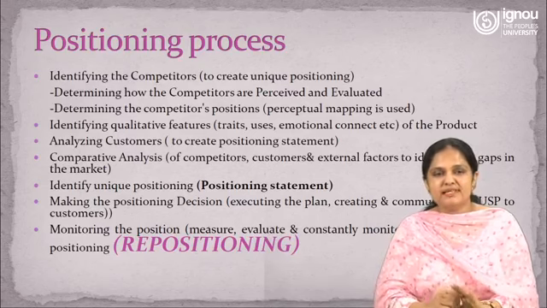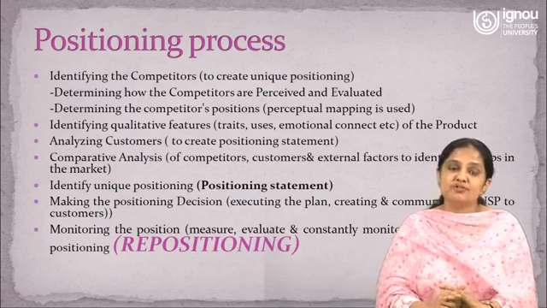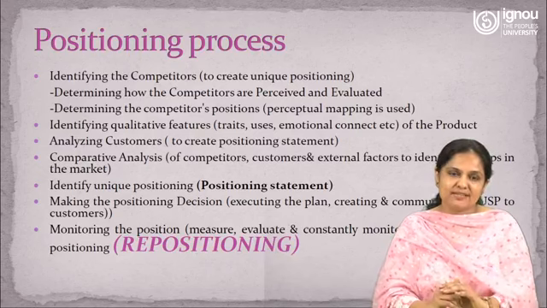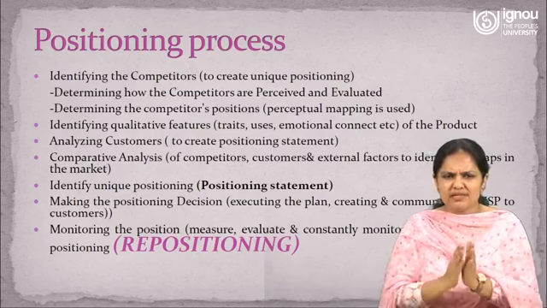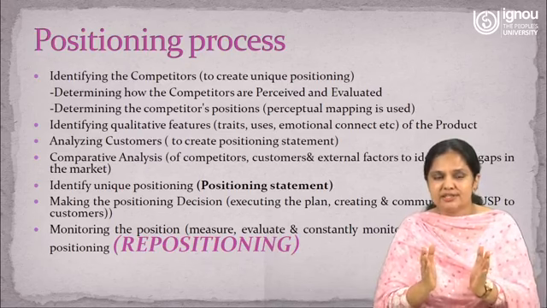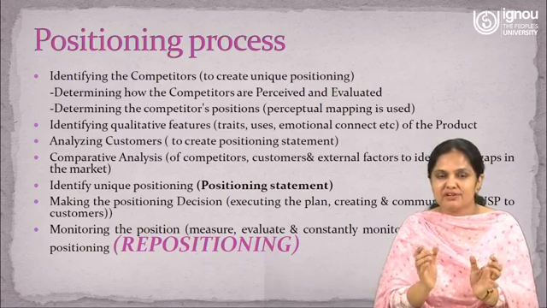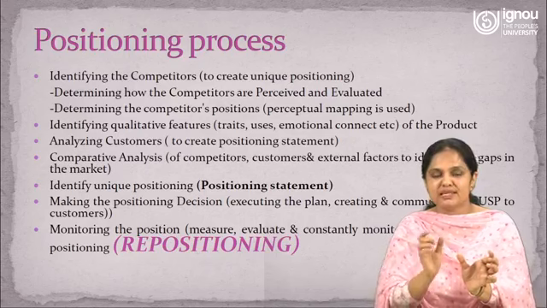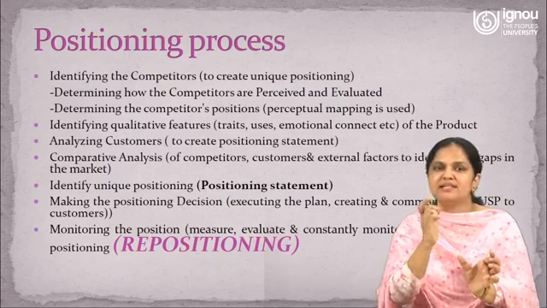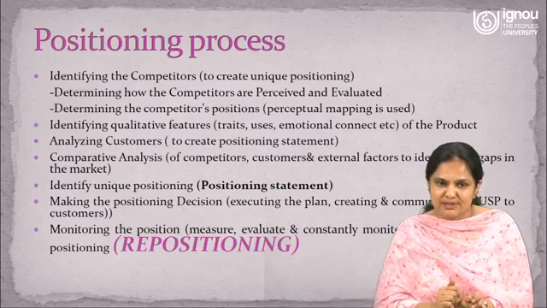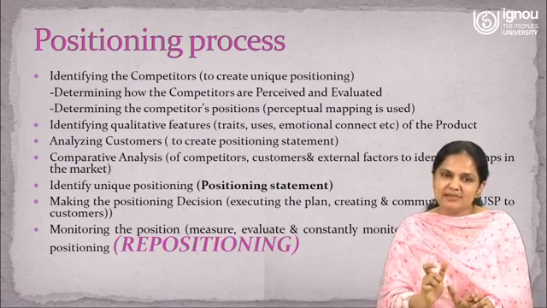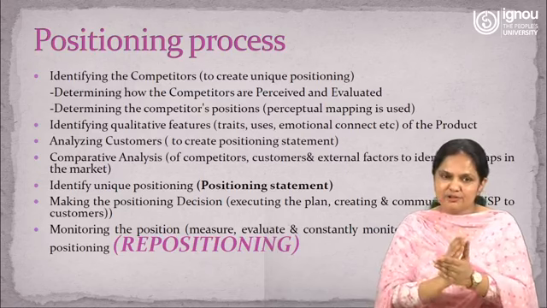The second step is identifying qualitative features of our own offerings: some traits, some uses, maybe emotional connect, etc. What are the important qualitative features that your offering has? Because when you're trying to create a USP, a unique selling proposition, you can use that particular feature. And then analyzing the customer.